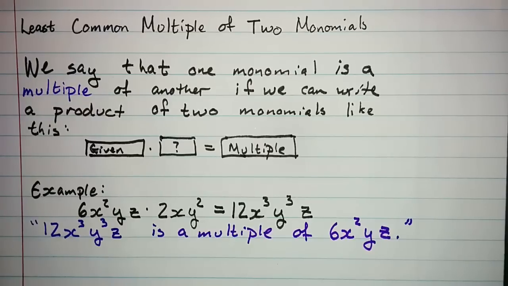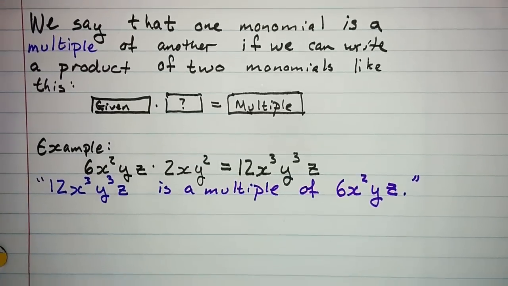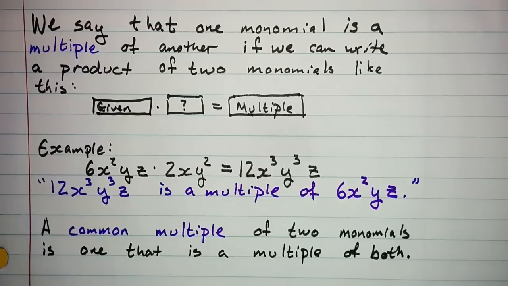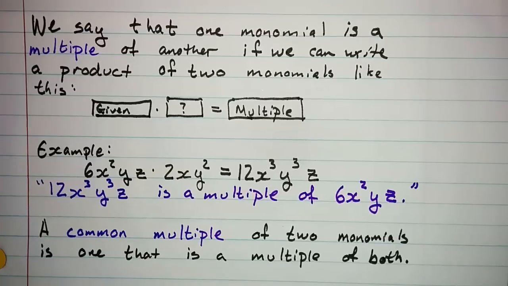We define common multiple the same way we do for numbers. A common multiple of two monomials is one that is a multiple of both of the two monomials. The same holds for 3 monomials or 4 monomials. We also define the least common multiple of two monomials.